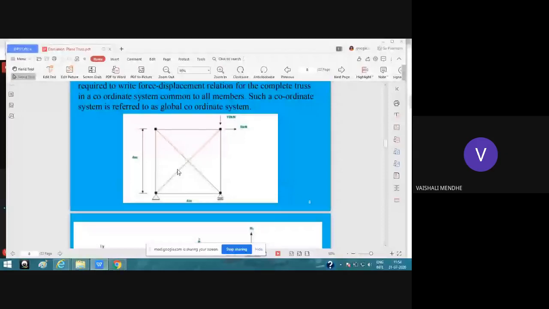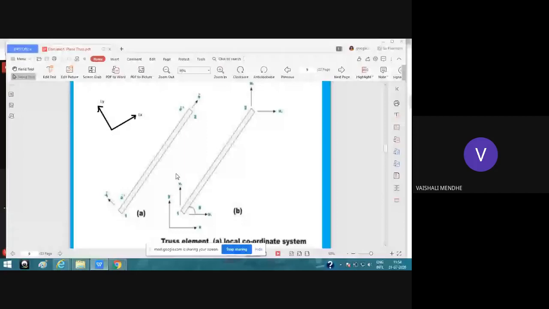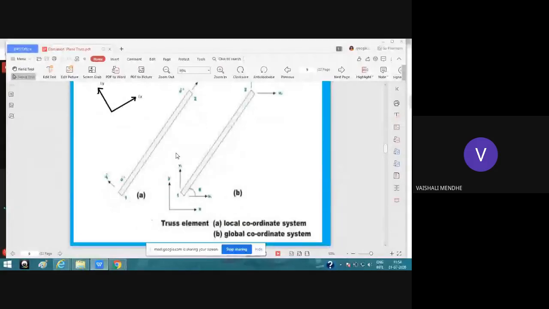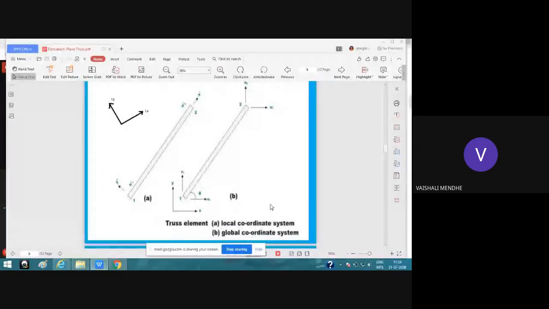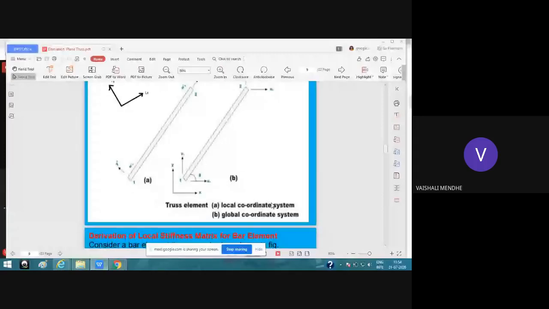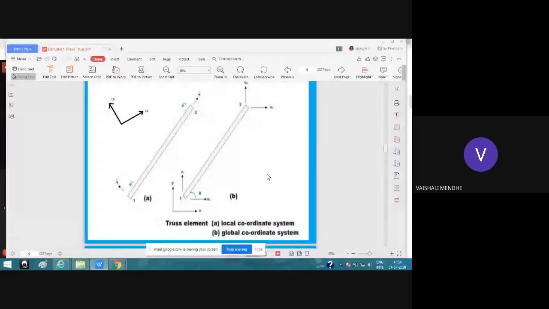In this figure, I have considered an inclined member from the above truss, to make the local and global coordinate systems clear.